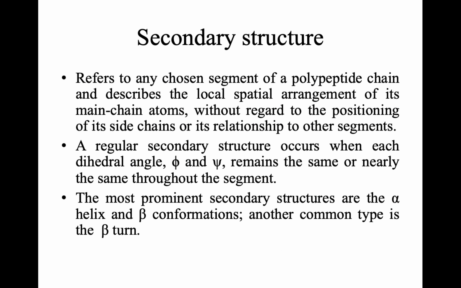Now we are going to discuss the secondary structure. It refers to any chosen segment of a polypeptide chain and describes the local spatial arrangement of its main chain atoms, without regard to the positioning of the side chains or its relationship to other segments. This means the polypeptide chain undergoes local spatial arrangement because of the main chain atoms, without regard to the positioning of the side chain or the relationship to other segments.